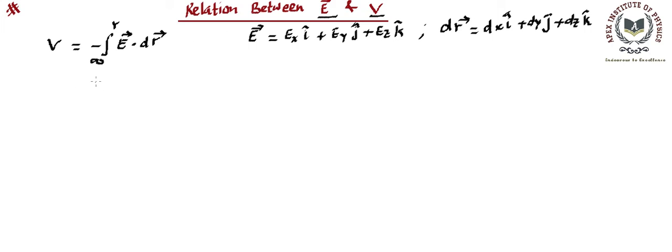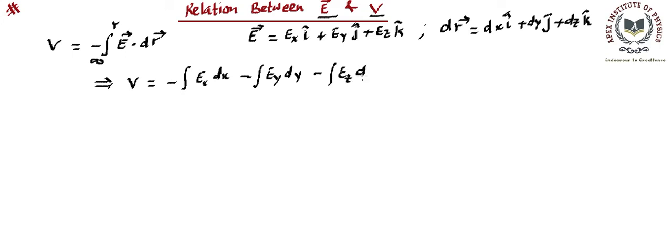So using this we can have the expression V equal to minus integration running from one location to another, whatever the locations are given to us. It's going to be Ex dx plus Ey dy plus Ez dz, and when the minus sign enters, it makes minus integration Ex dx, minus integration Ey dy, and then finally minus integration Ez dz.